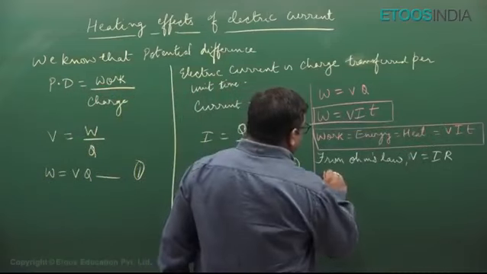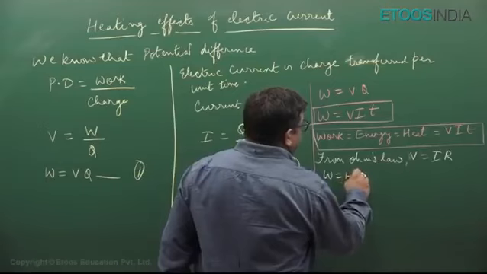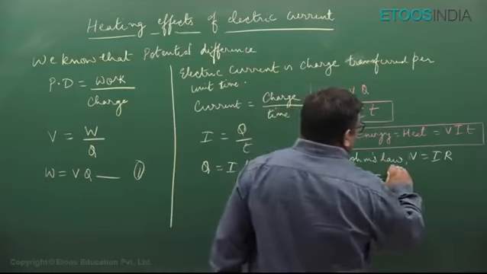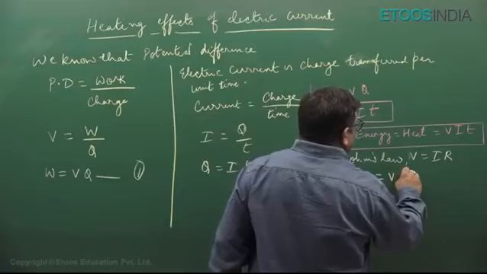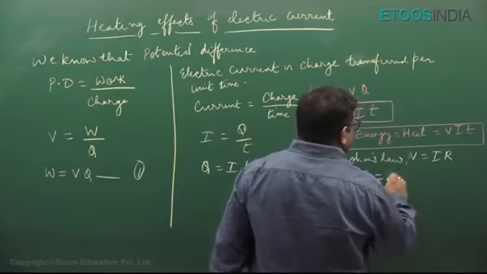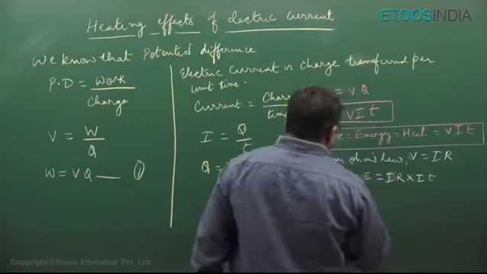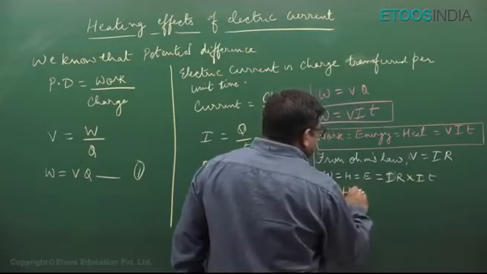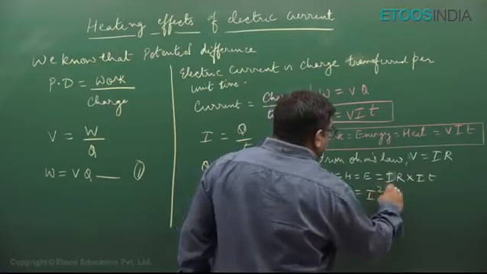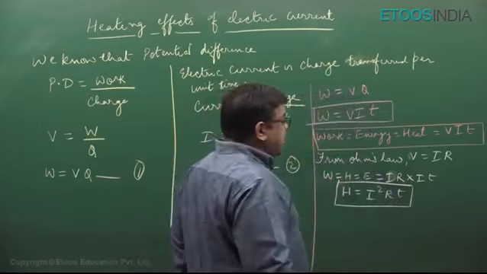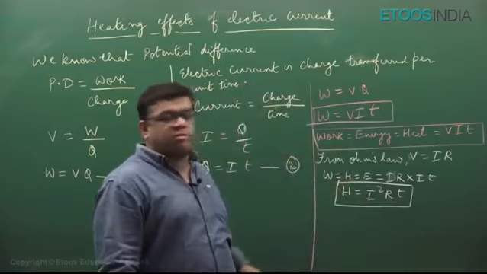So the formula of work done or energy or heat will be V, instead of V I'll put IR, into IT. So it becomes H is equal to I square RT. Is it clear? So this is another formula.